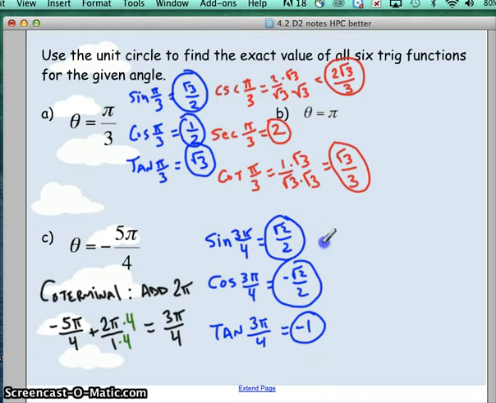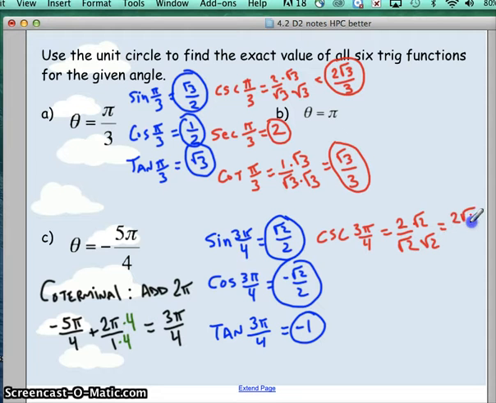And again, cosecant is the reciprocal of sine, so we would flip this fraction, so we would have a 2 on the top and a radical 2 on the bottom. But we'd have to rationalize that denominator by multiplying by radical 2 on top and bottom.